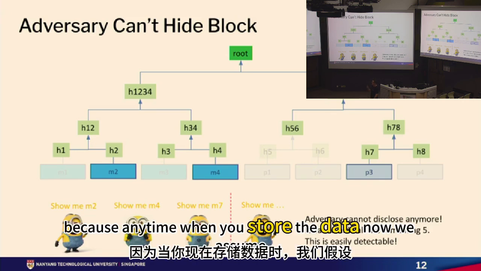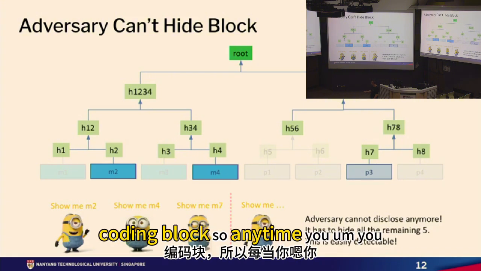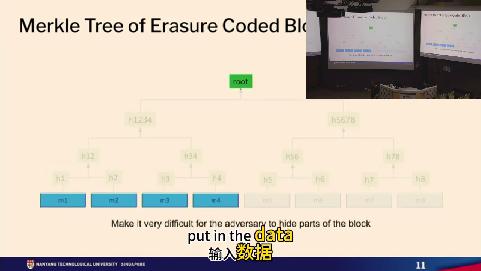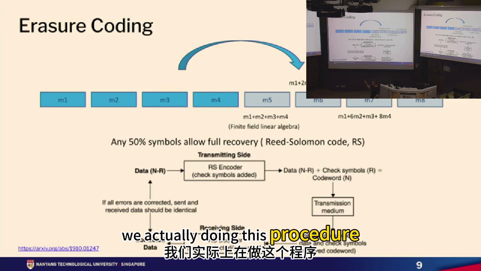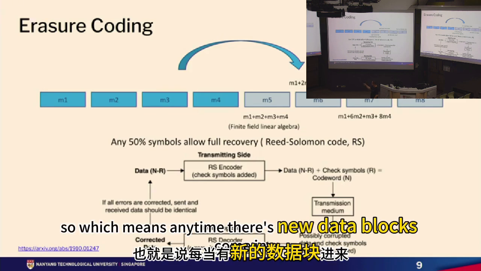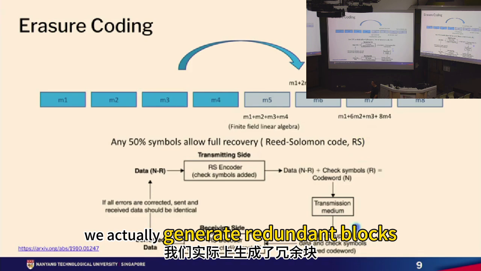Yeah, because anytime you store the data, we assume, because we already apply erasure coded blocks, anytime you put in the data, we actually do this procedure. Which means anytime new data blocks come into the full node, we actually generate redundant blocks.